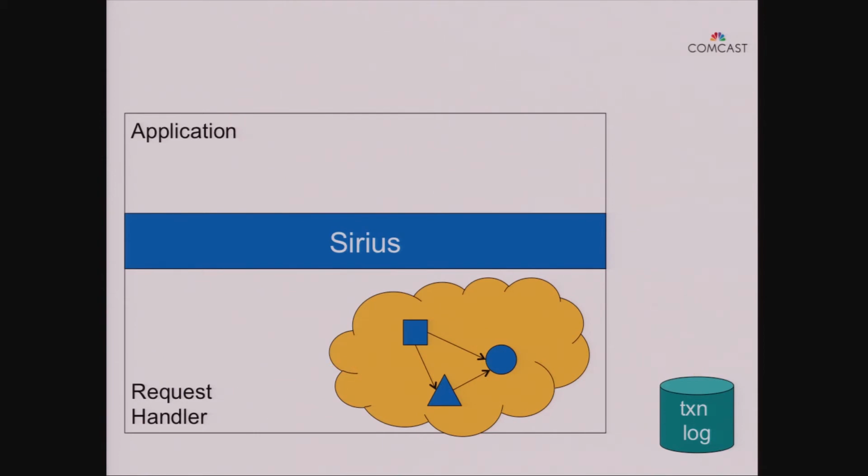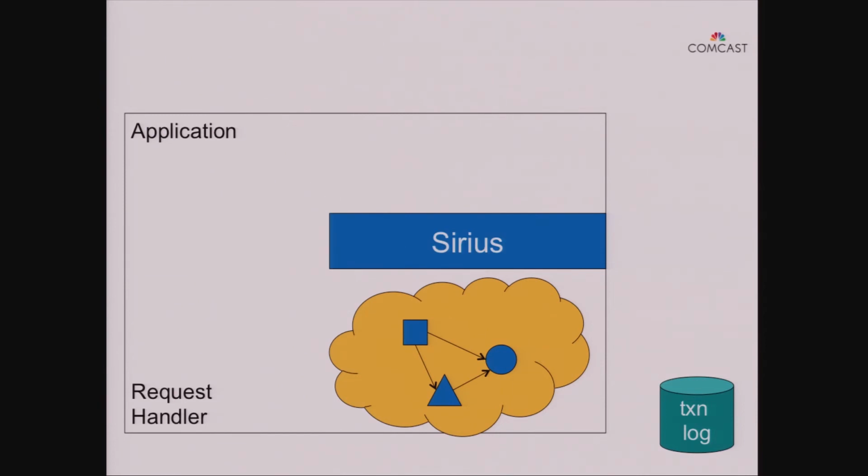On the read path, things actually get even easier. We don't actually have to go through Sirius on the read path. So if I get an API request or a client request where I now want to use the data, this is the whole point. The whole point of setting this up was to make this part easy. And so what's involved here?